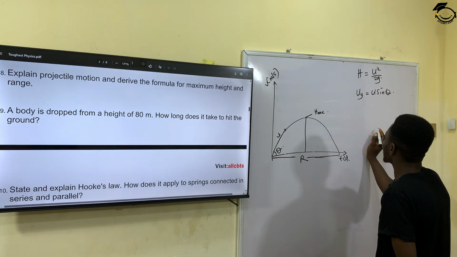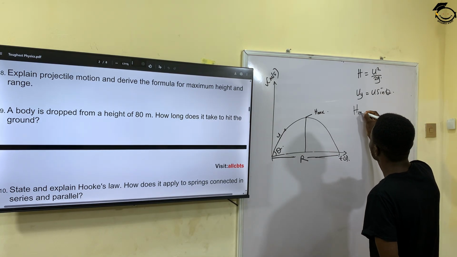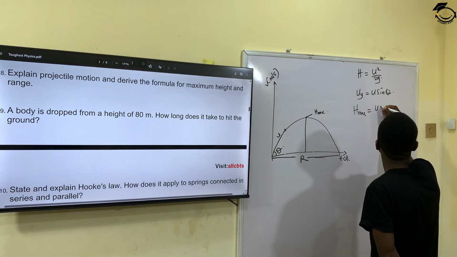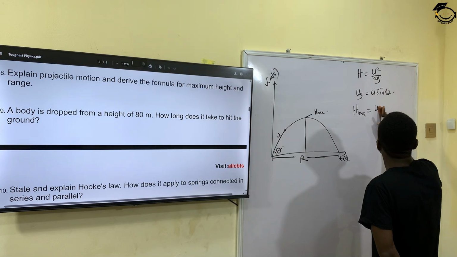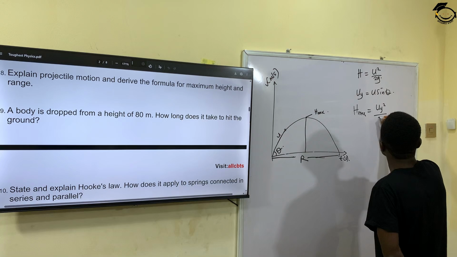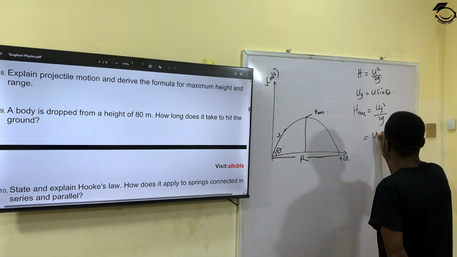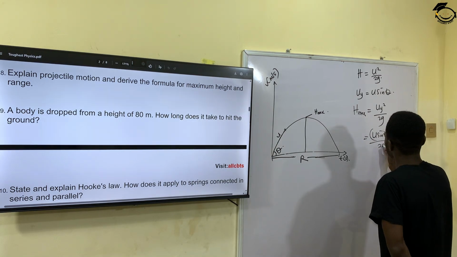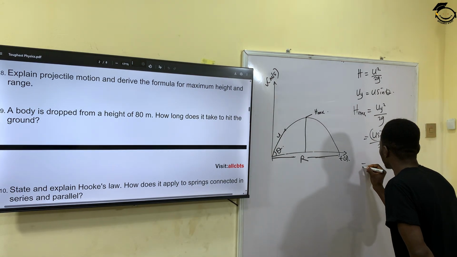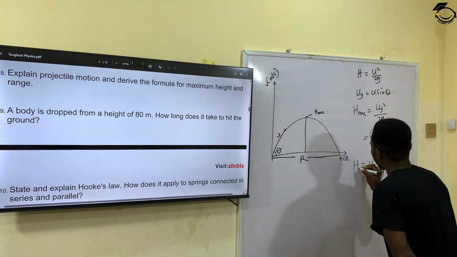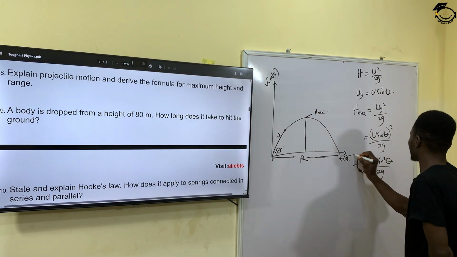And if my uy is u sine theta, it means that my maximum height, h max, will be equal to uy squared over 2g, which is simply u sine theta all squared divided by 2g. If you simplify further, this will give me u squared sine squared theta over 2g. This is my formula for maximum height.